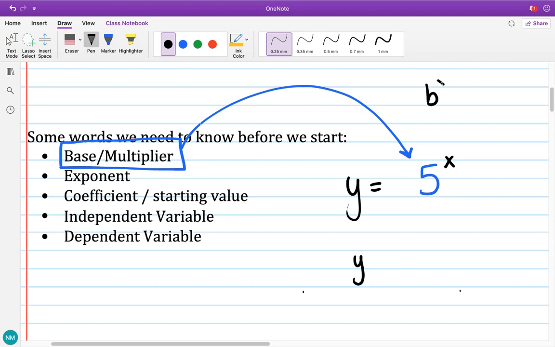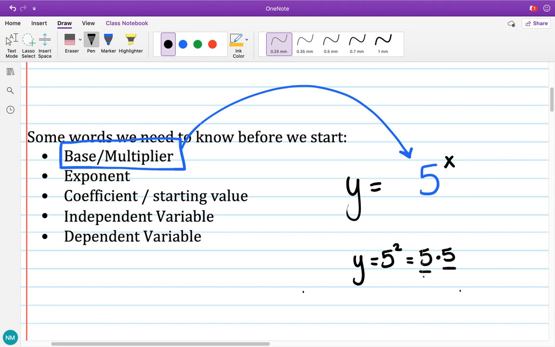That's the b to the x. But why is it called the multiplier? Well, what's happening when we raise something to an exponent? If y equals 5 squared, that's the same thing as saying 5 times 5. 5 is being multiplied, therefore it is the multiplier.